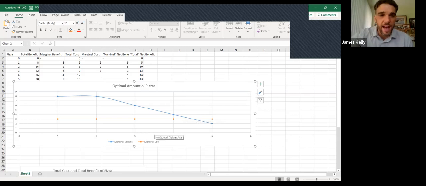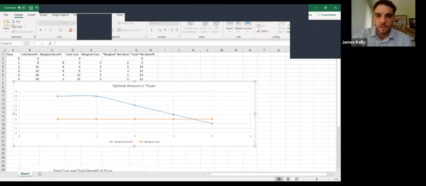That's assuming the price is equal to $3. Because we're in a perfectly competitive market, the price faced by consumers of pizza is not going to change.